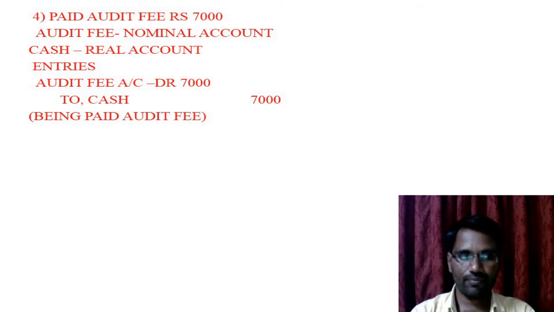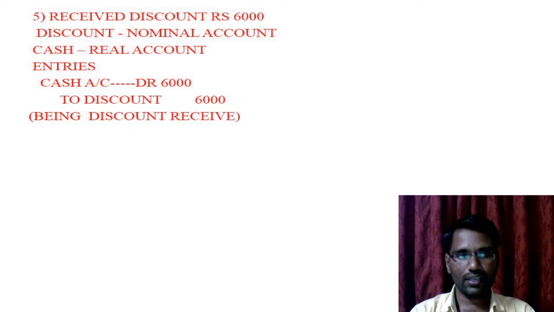And finally we prepare the journal entry: audit fee account debit 7,000 to cash rupees 7,000, and write the narration being paid audit fee. It is the summary of the above transaction.